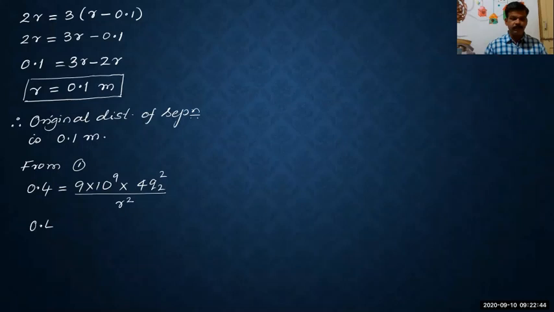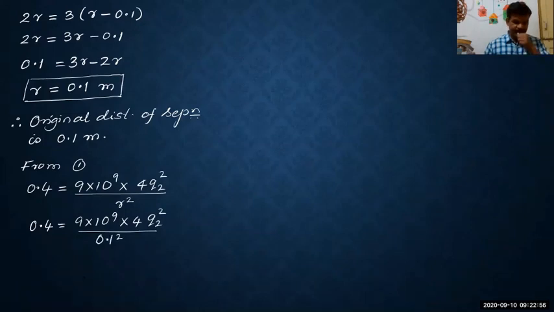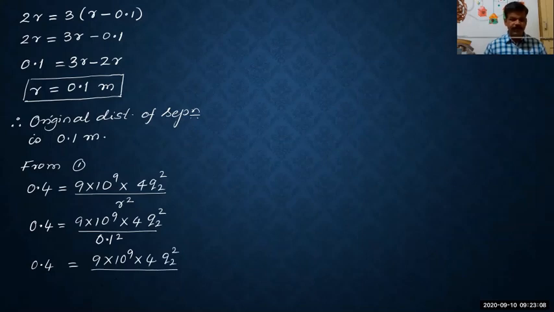It is 0.4 is equal to 9 into 10 raised to 9 into 4 Q2 square, kept as it is, divided by 0.1 square. Right. So it is 0.4 is equal to again 9 into 10 raised to 9. Don't go for any multiplications. Don't make it a bigger number, because later it becomes easy for you to simplify.